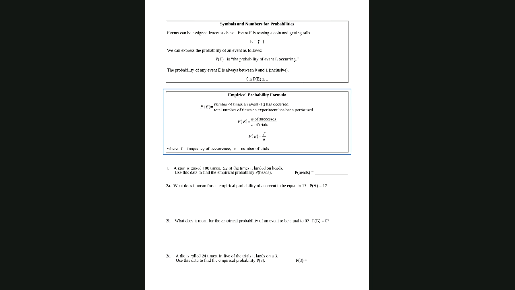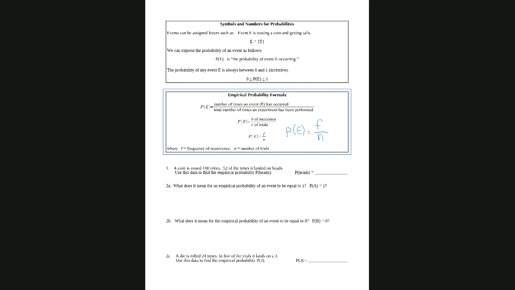That's N. And you have to keep track of how many times the experiment was a success. F will stand for that. And we'll just divide F by N to get the probability of the event E. But remember, it is an empirical probability based on the past, which doesn't necessarily predict what will happen in the future.